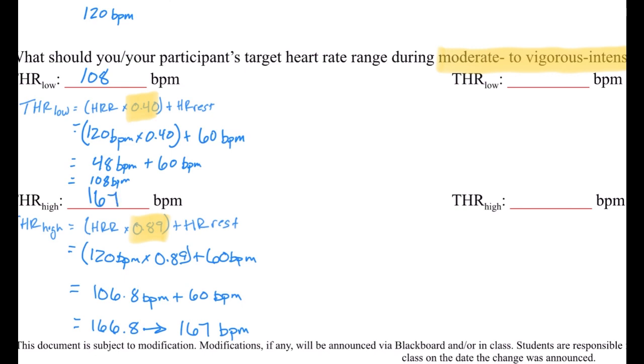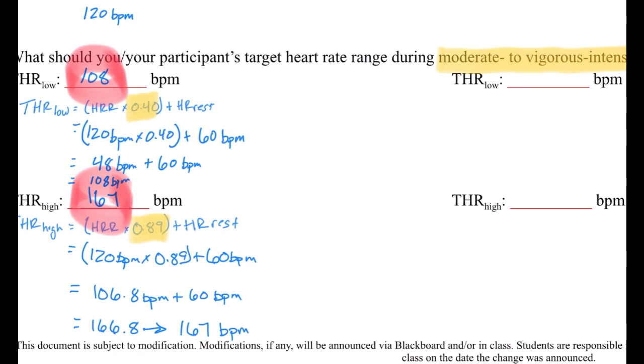What this does is it tells us what I should expect my heart rate to be if I wanted to exercise in the moderate to vigorous intensity range. If I was trying to exercise in that range, I would want to keep an eye on my heart rate and make sure that it was between 108 beats per minute and 167 beats per minute.